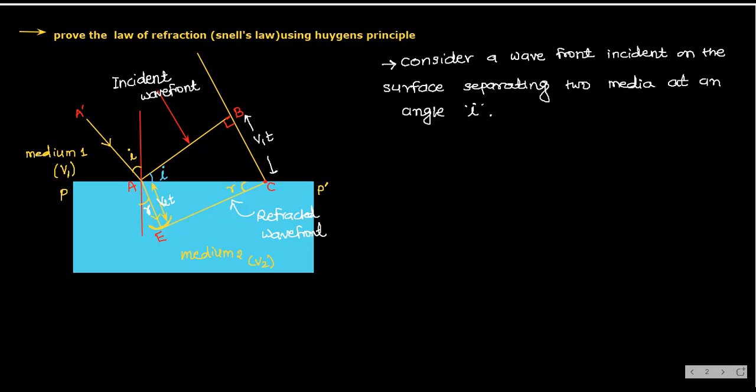Wait. Clear? And here, which one is greater, V1 or V2? V1 is definitely greater than V2. Why? Because this is denser medium, this is rarer medium. So V1 is greater than V2. That also you can write in the diagram.